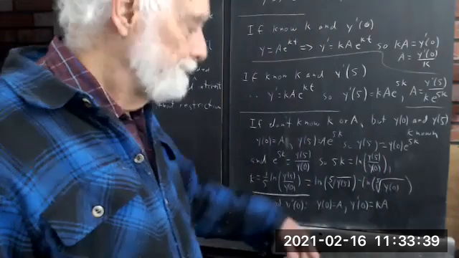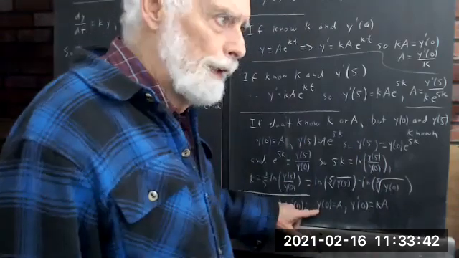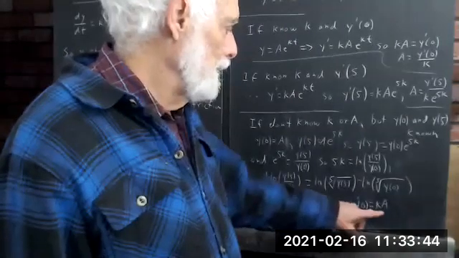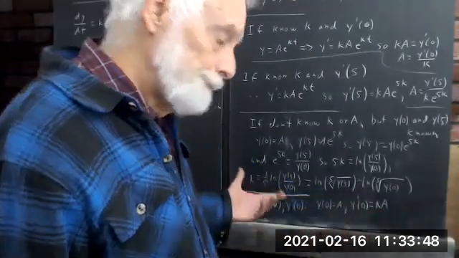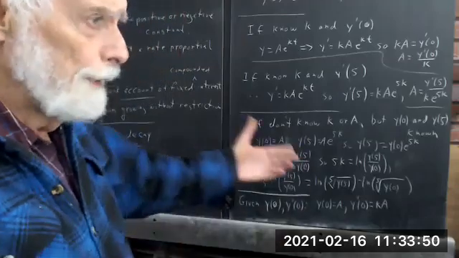So you have a, and then since you have a, you just divide y prime of 0 by a, and you get k.